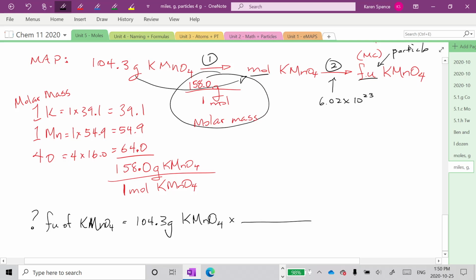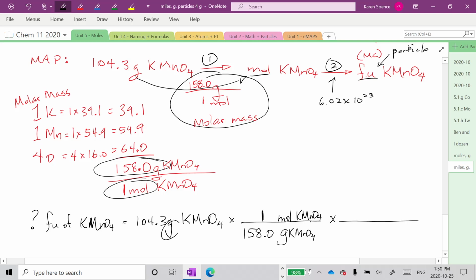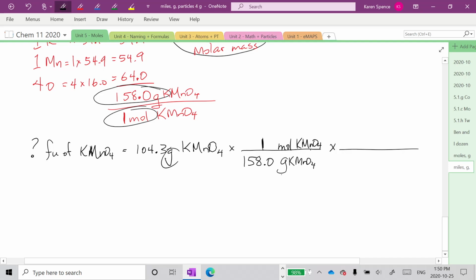So let's cancel our grams of KMnO4 and find our moles of KMnO4. So there is one, oh, where does my 158 go? Does it go on the top or does it go on the bottom? Well, the 158 is how many grams there is per 1 mole. So we write 1 mole, the mass of 1 mole is 158.0 grams.